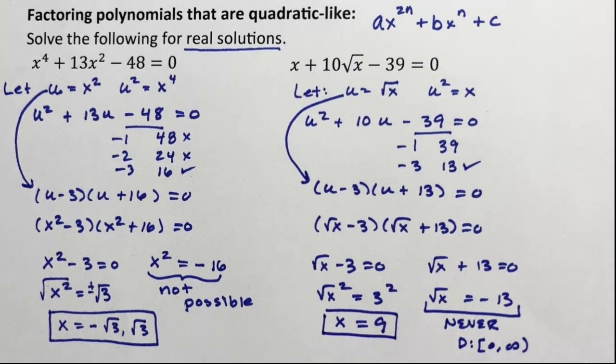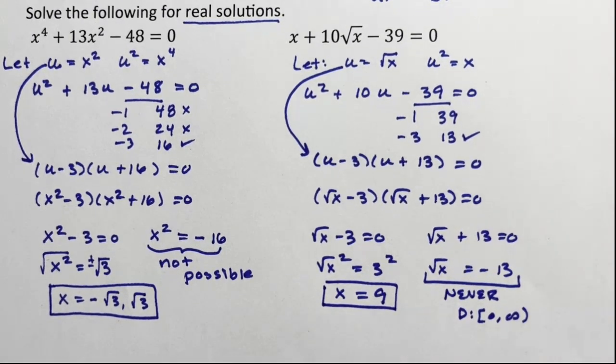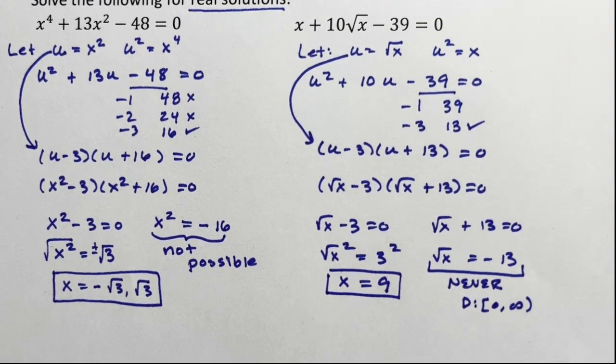Whenever I'm dealing with square roots, I'm always going to check my solution, because square roots have a way of slipping into weird answers. So if we just check, is 9 plus 10 times the square root of 9 minus 39 equal to 0?